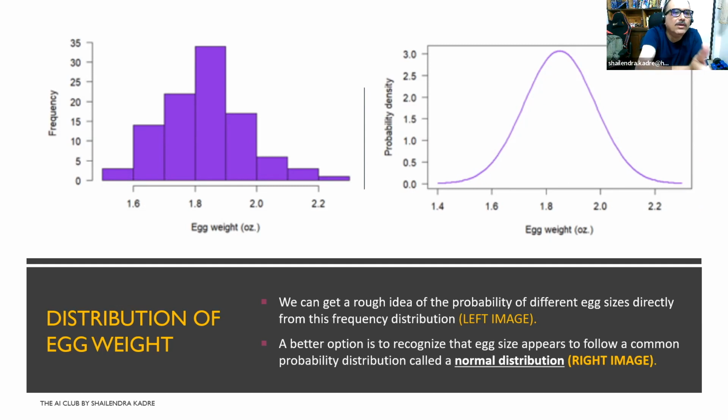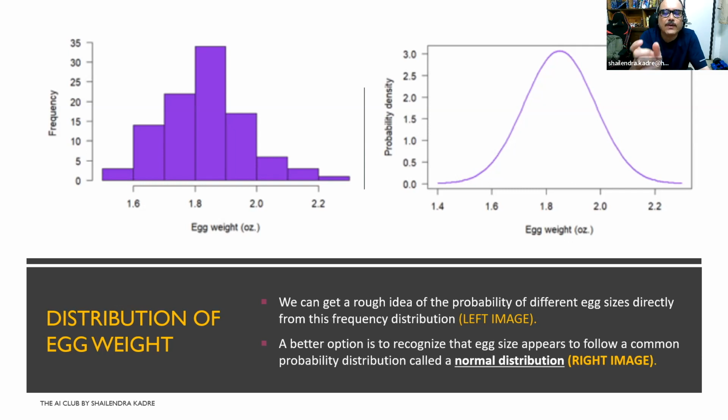Maybe it is more than 100 here. So whatever the total is, suppose the total is 140 eggs. So the total eggs we have measured is around 140.